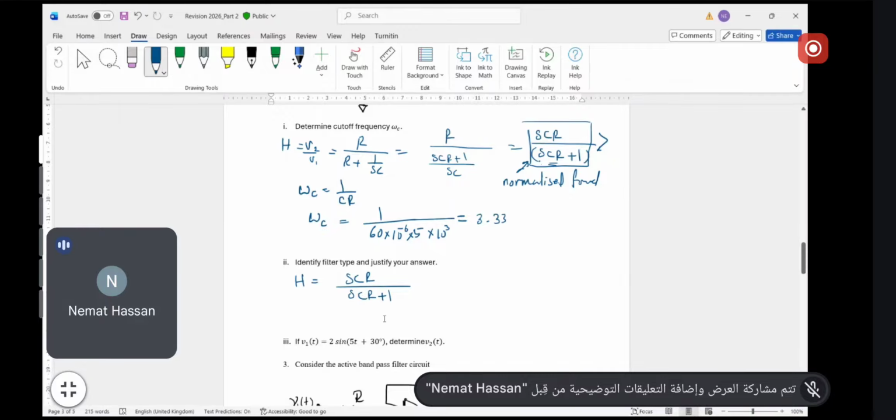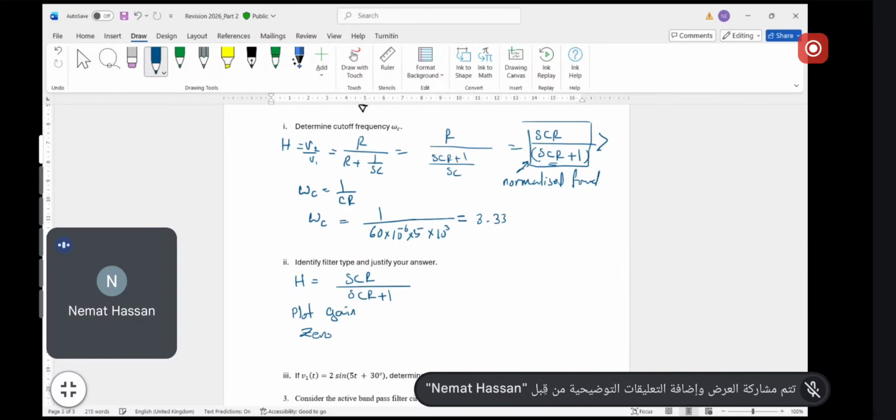If you want to plot the gain for this circuit, you'll notice that I have a 0 at the origin. When S is equal to 0, we have a 0. So we have a 0 at origin, and we have a pole at 1 over CR.